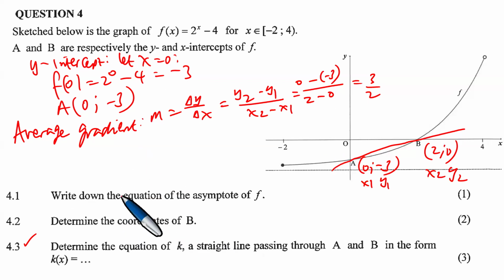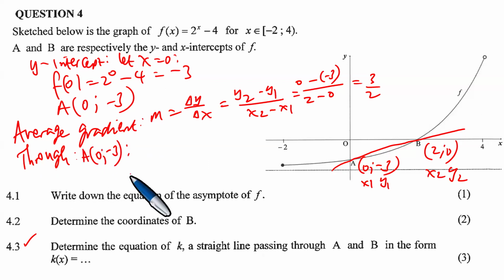At this point, we are able to determine the equation of k. This is the slope, and this line passes through A, and we use the word through in the exam. This is a past exam question. So it is through A with the coordinates 0 and minus 3. We use y minus y1 equals m into x minus x1.